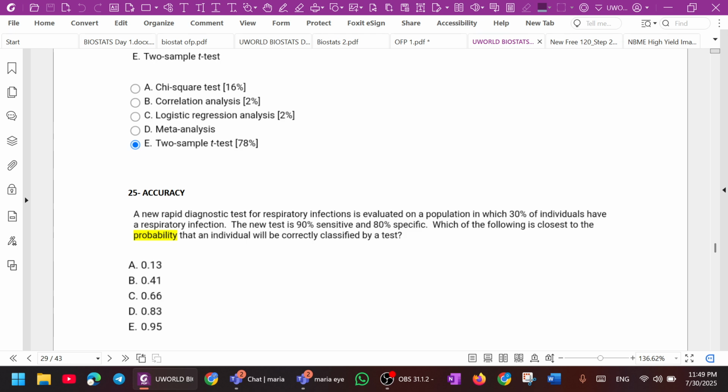According to your formula, true positive is 90 plus 80, divided by 200.